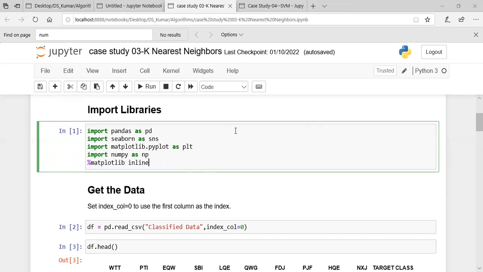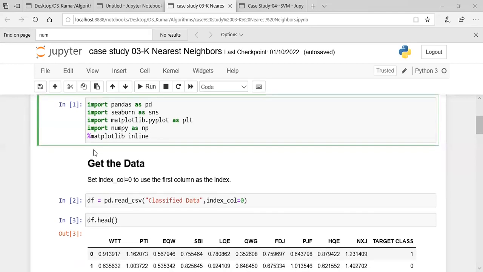If you want to specify inline, every machine has some kind of graphics card, so efficient and effective usage of those can be done with this line. Even if you're not giving it, no problem, friend, but the general convention is, if I am running my code somewhere, maybe on an AWS cluster or in some other deploy mode, it is always helpful to have this inline method of executing Matplotlib.